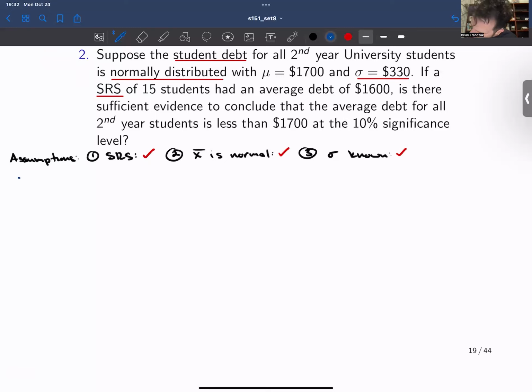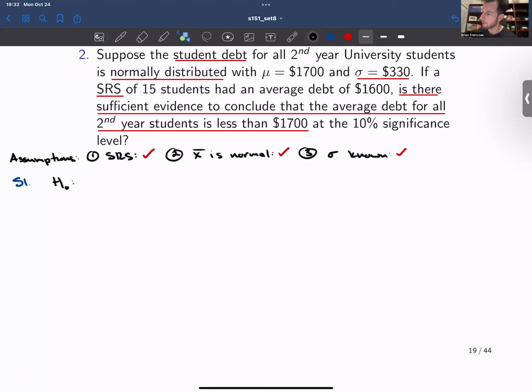Okay, on step 1, we declare our null and alternative hypothesis. Okay, so our null hypothesis is given by H0. All right, this question says, is there sufficient evidence to conclude that the average debt for all second-year students is less than $1,700? All right, so this portion of the problem description is telling us how we want to phrase our alternative hypothesis.